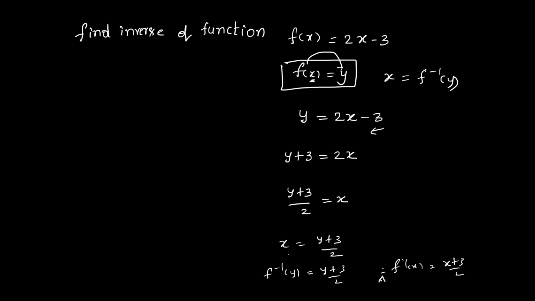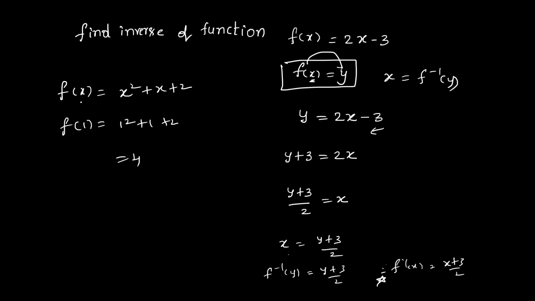I'll explain this point. If f of x is equal to x square plus x plus 2, what will be the value of f of 1? We have to replace x with 1. So it will become 1 square plus 1 plus 2, which is 4.